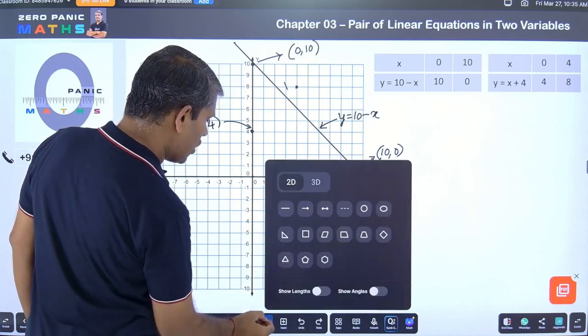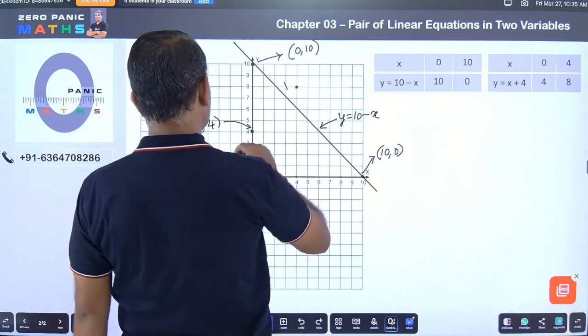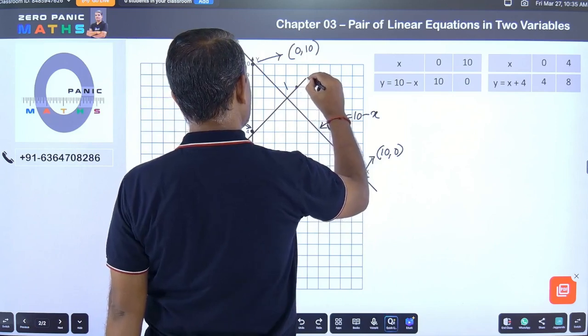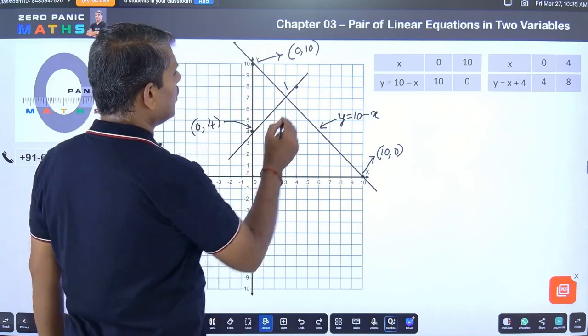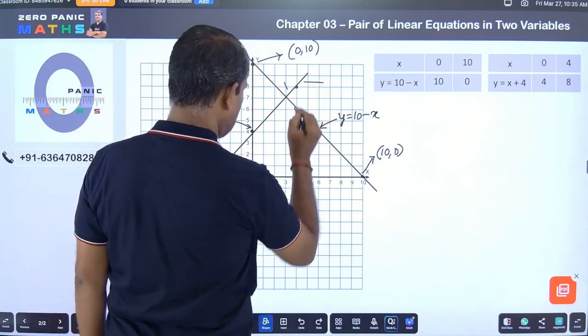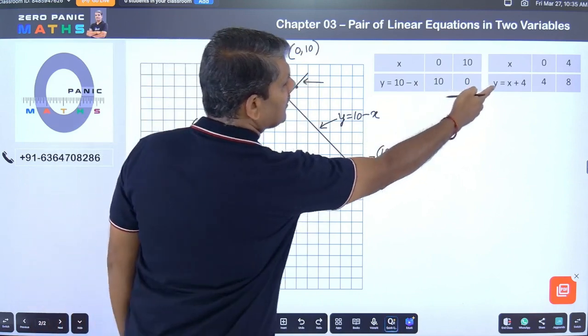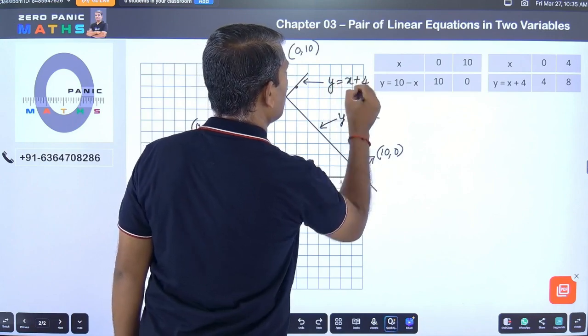Okay, let us draw that line also, and what is that line? Let me draw that line first. So this is that line. Okay, and what is this line? This line is the second line, y is equal to x plus 4.